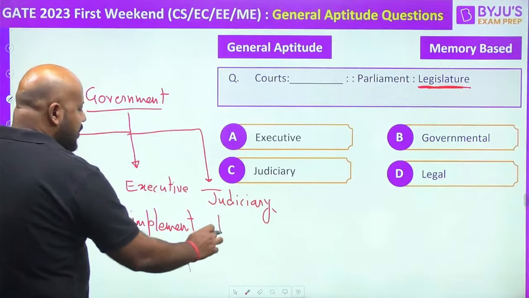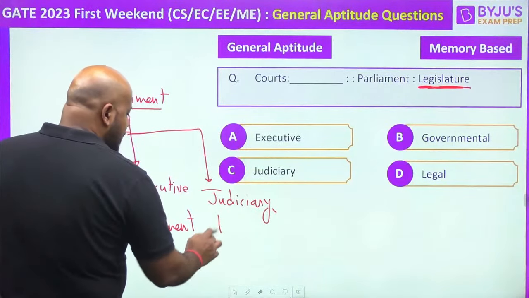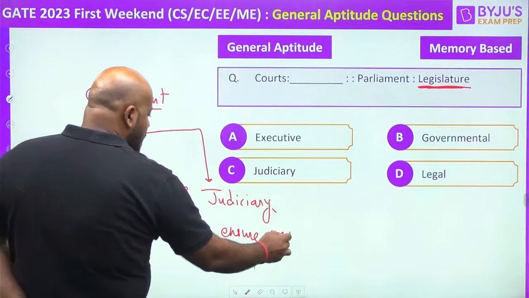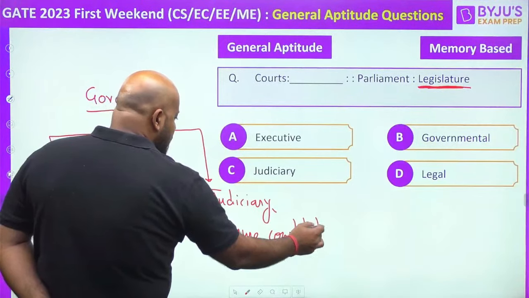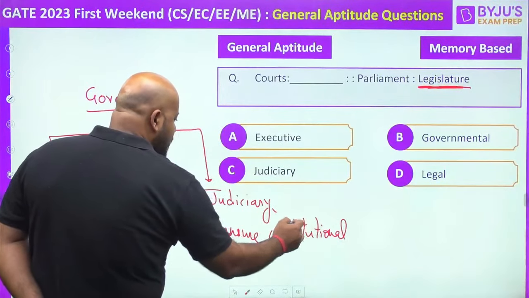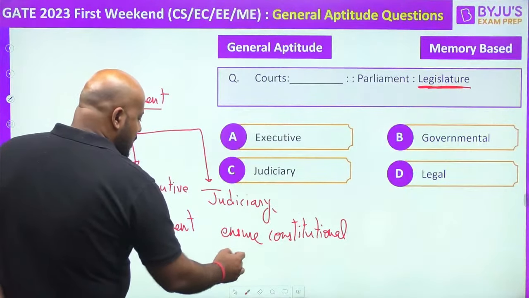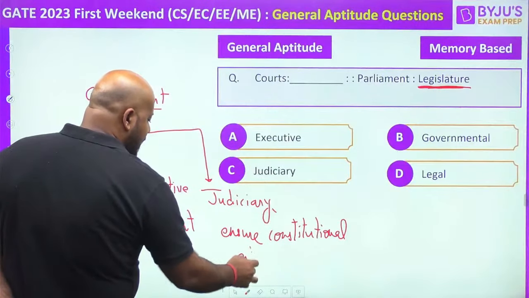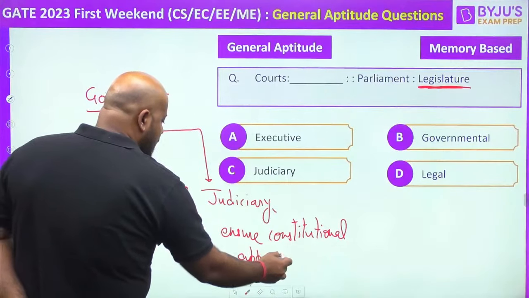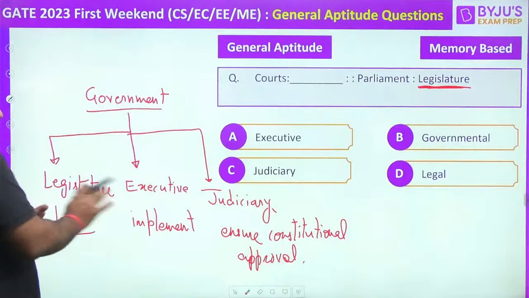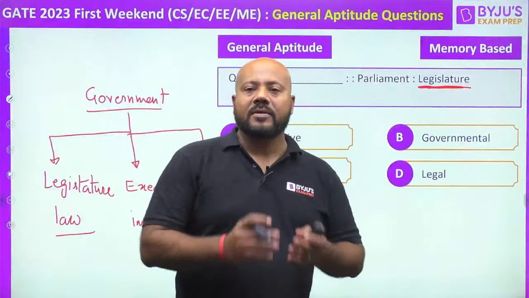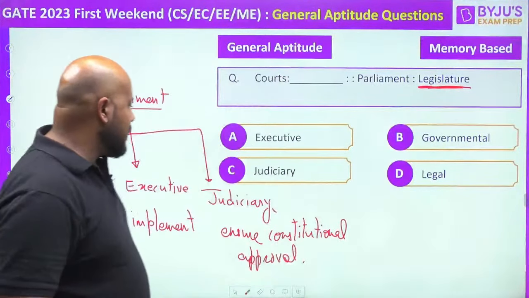And judiciary, who ensure the constitutional approval. On the basis of the constitution, the implementation of the law has to be done within the boundaries of the constitution. That is what judiciary does.